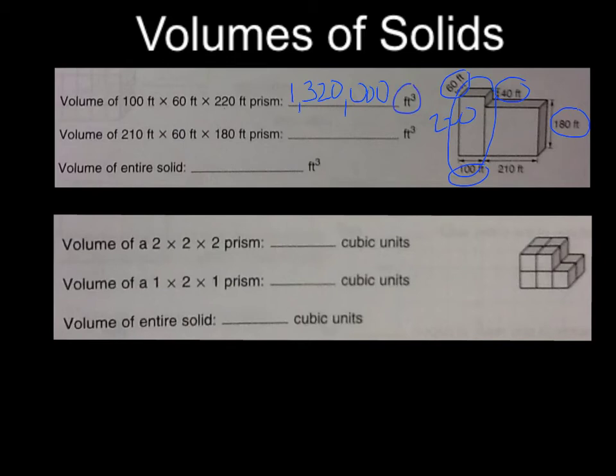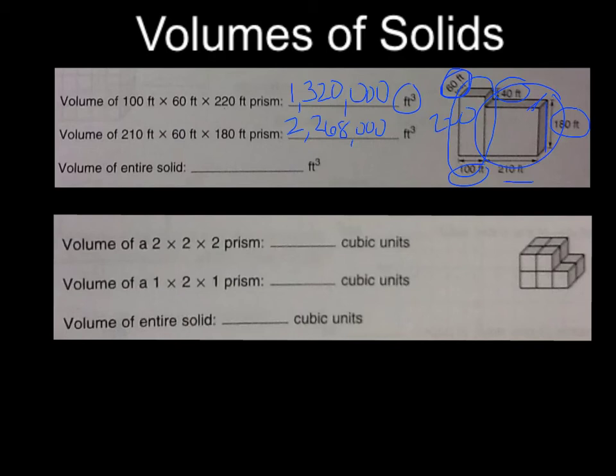Next, I have to find the volume of this prism over here. I am going to multiply 210 feet here by 60 feet, which is this distance here, by 180 feet because that's how tall this prism is. Those three numbers multiplied together are 2,268,000 feet cubed.